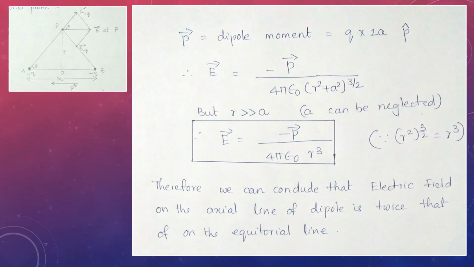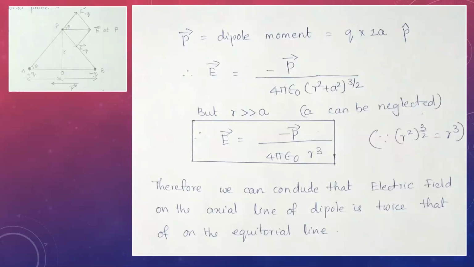Therefore, remove a from this expression, then you will get minus p divided by 4 pi epsilon naught, r square whole to the power of 3 by 2. But r square to the power of 3 by 2, the 2 and 2 will cancel, that will become r cube. Therefore, you can see here the final expression of the electric field is equal to minus p bar divided by 4 pi epsilon naught r cube.